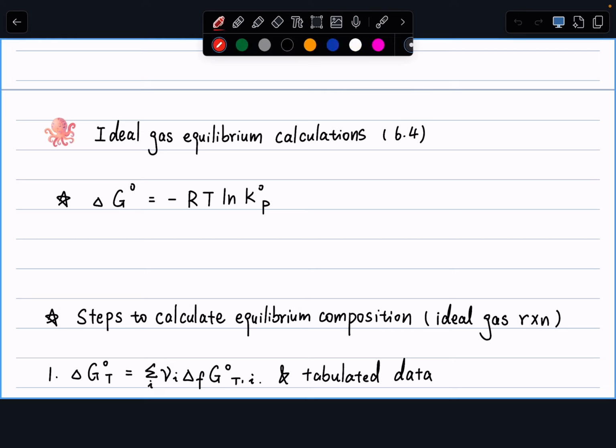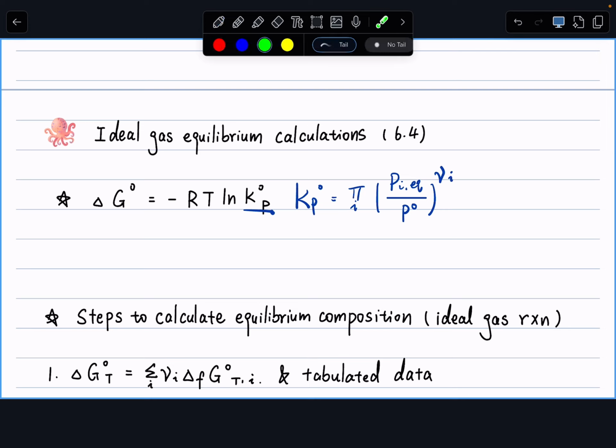Thinking about what these terms are, my ln Kp, that is my standard pressure equilibrium constant. My Kp°, the equilibrium constant, is defined as a product of the partial pressure of different species i at equilibrium, divided by the standard state pressure, which is 1 bar, to the power of its stoichiometric coefficient.